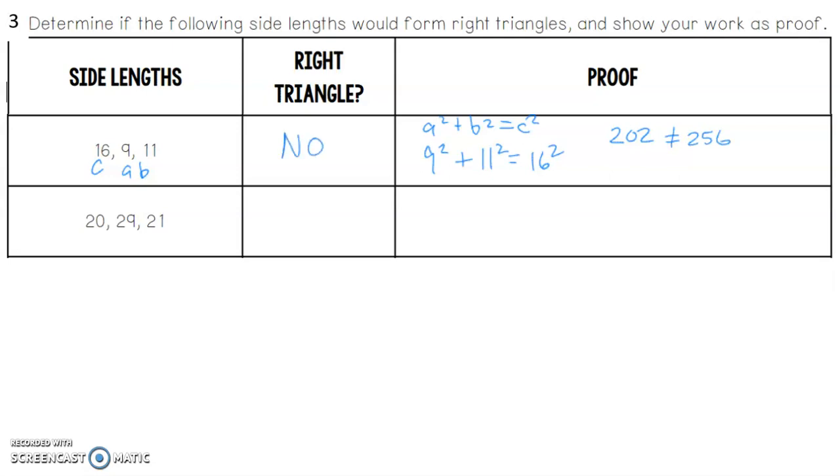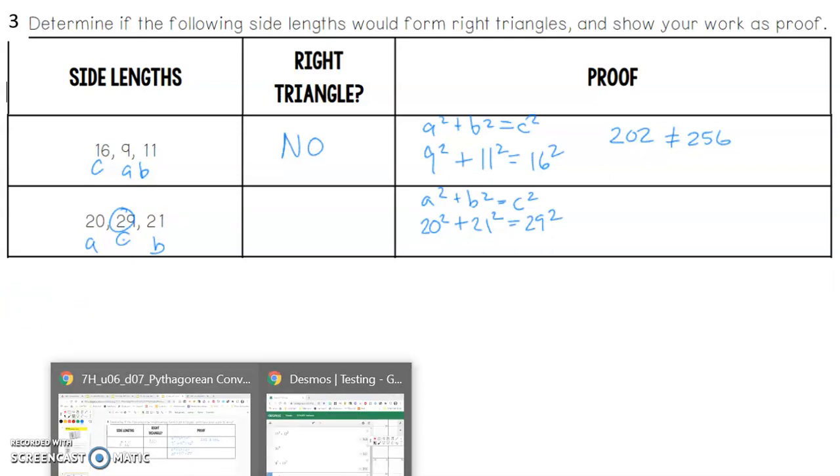Okay, so do it again. 20, 29, 21. First thing is, which are my legs? Which is the hypotenuse? The hypotenuse is the longest side, so my other ones are the legs. a squared plus b squared equals c squared. So we have 20 squared plus 21 squared. Does that equal 29 squared? So we go 20, 21, and 29.